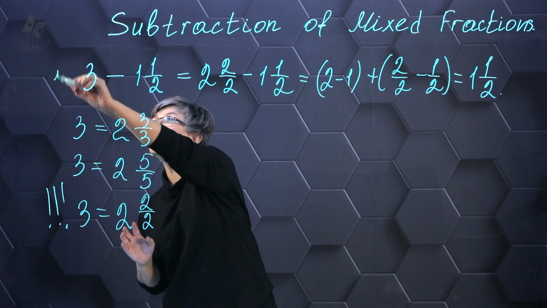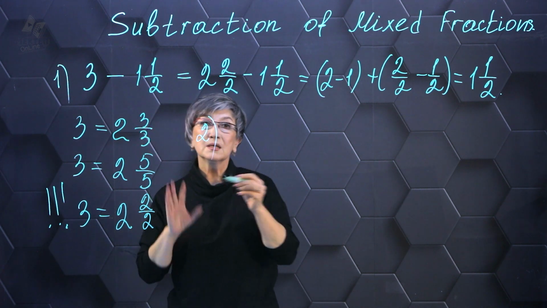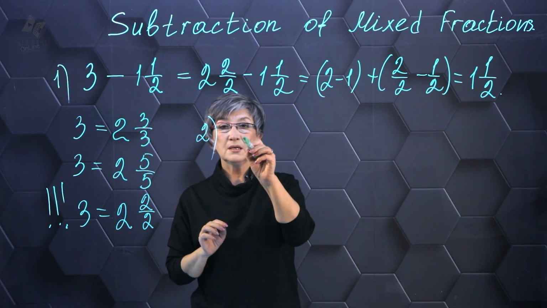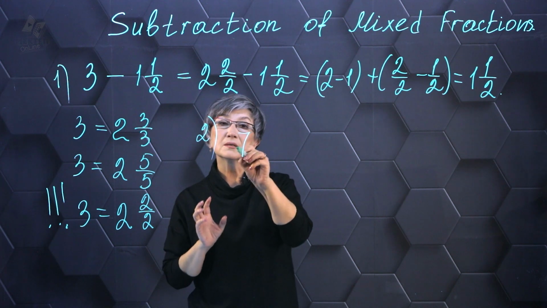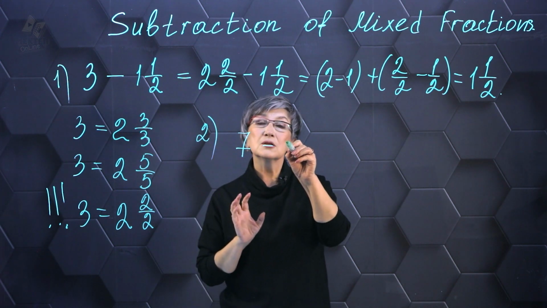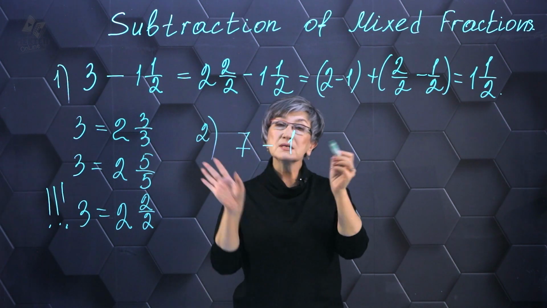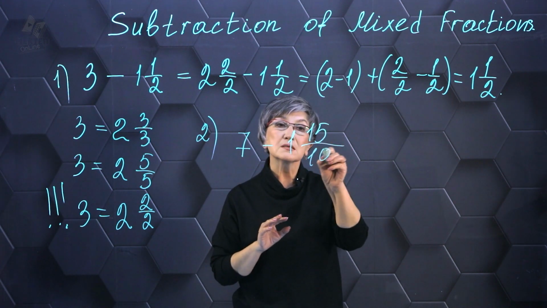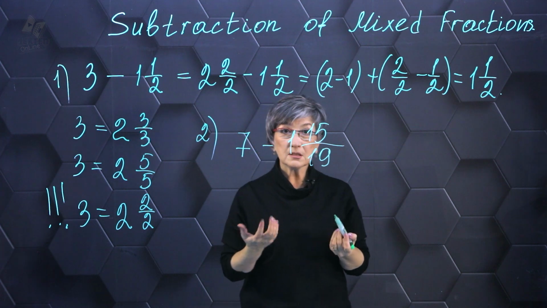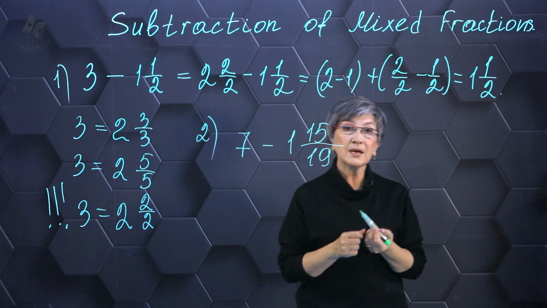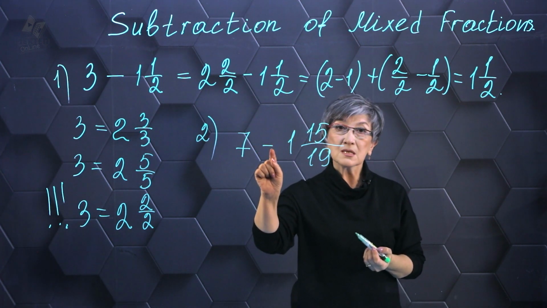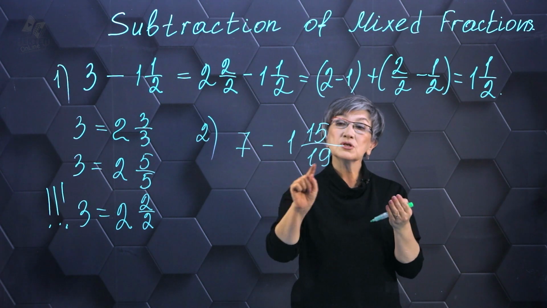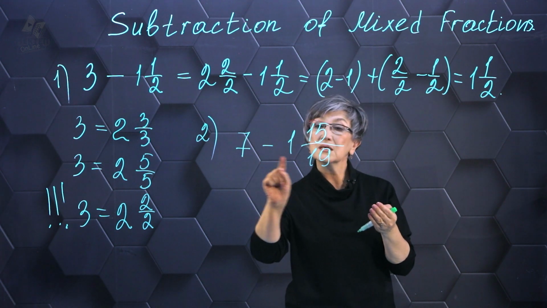Let's consider one more example. Let's say we need to subtract 1 and 15/19 from 7 integers. How do we do that? Again, we pay attention to the fact that we have a minus sign, so we need the denominators to be the same.